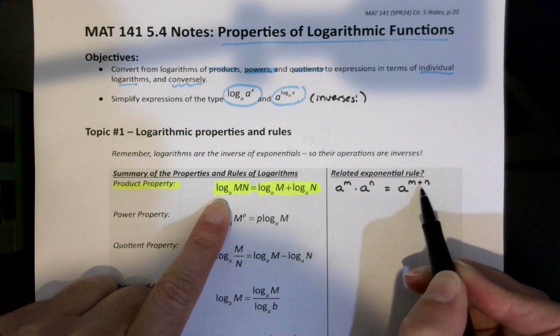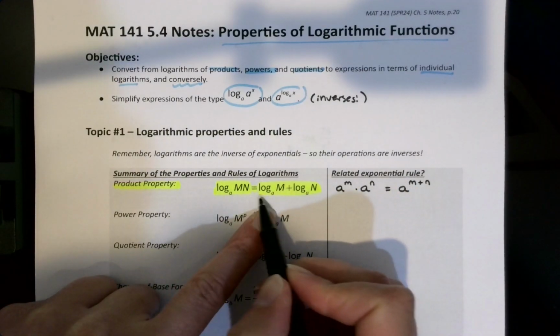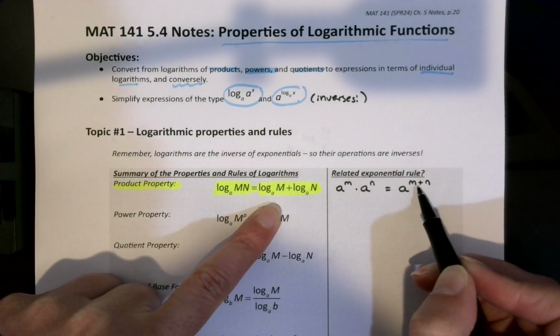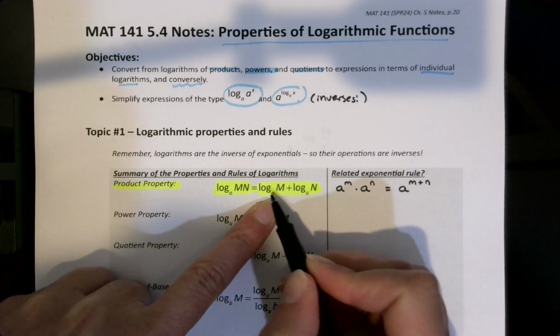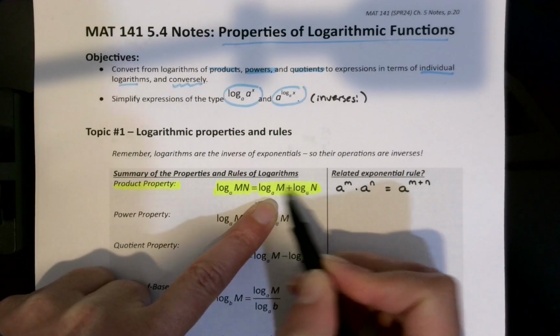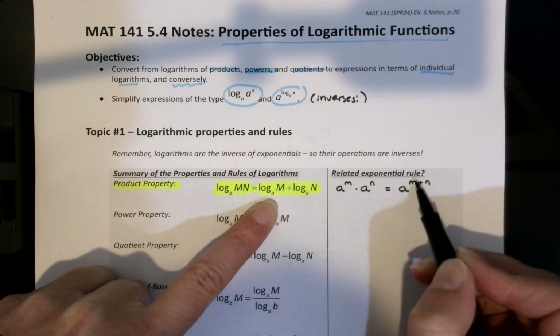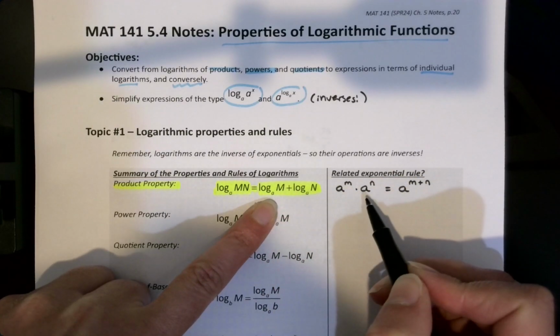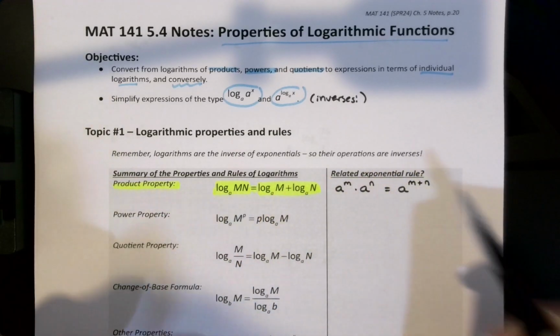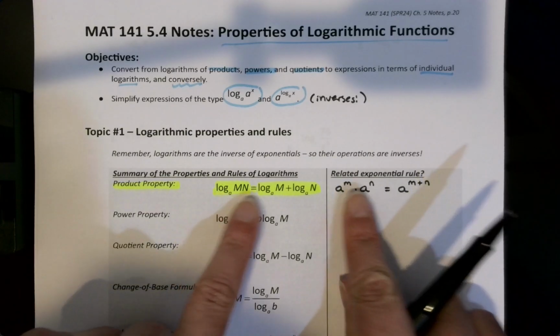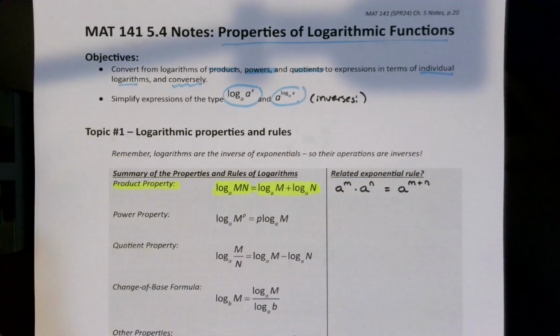In logarithms, since the answer to a logarithm is an exponent, if you've got a product, you need to separately add the exponents, the answer to the logarithm being the exponent. So that's just the corollary here, the relationship between our logarithm and our exponent rules. In both of these cases, a multiplication is going to turn into an addition.